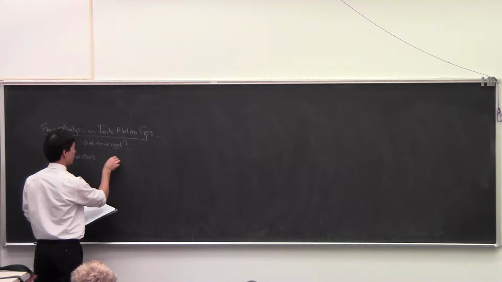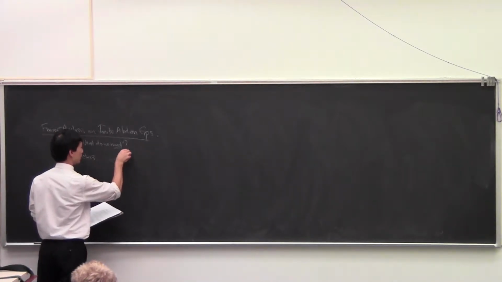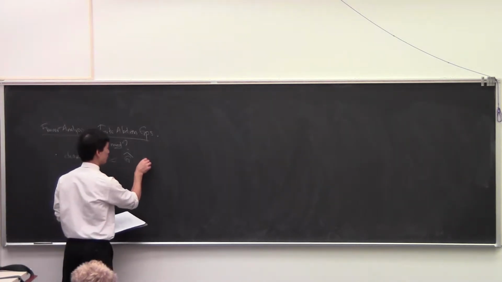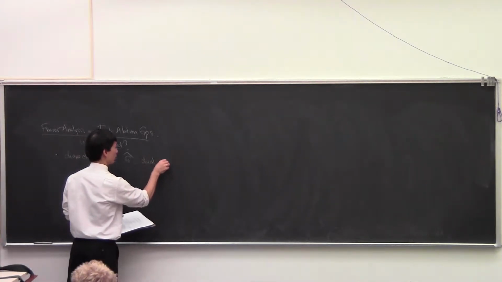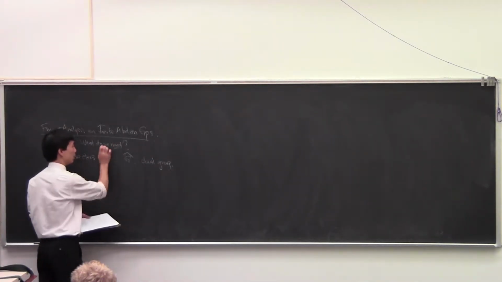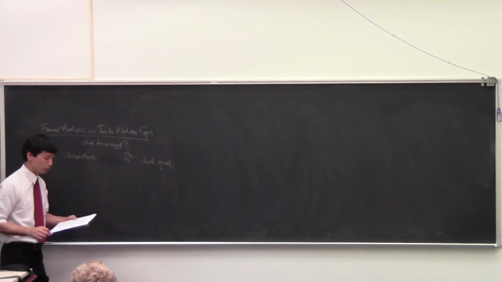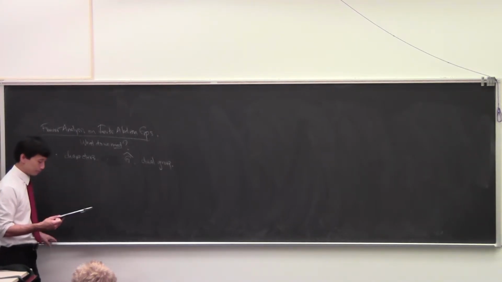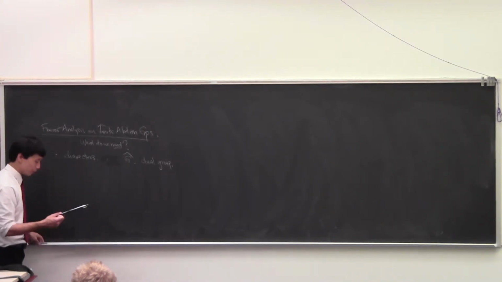But for us, it's a little bit different now. For us, the characters form a group, right? The characters themselves form an abelian group called the dual group, right?